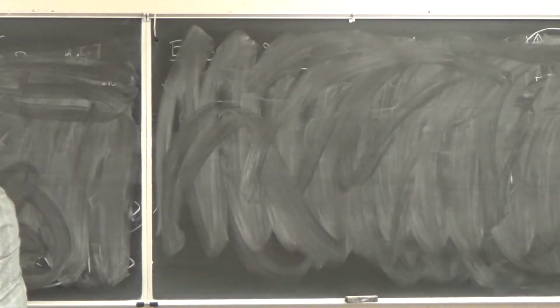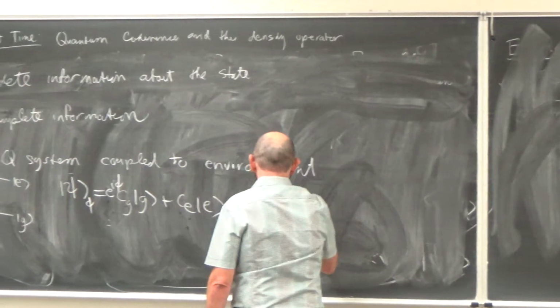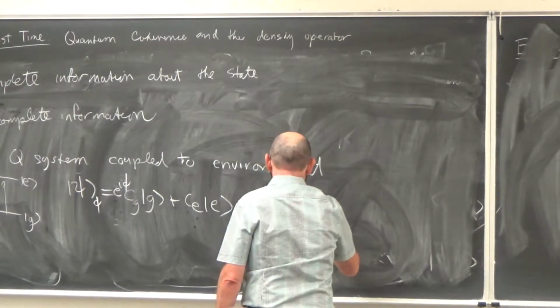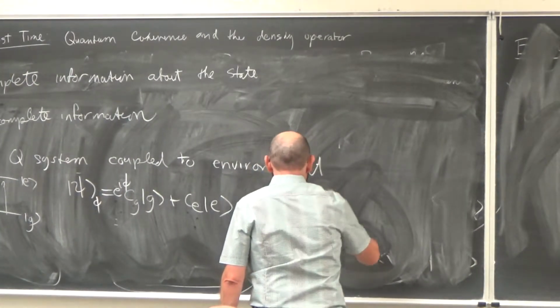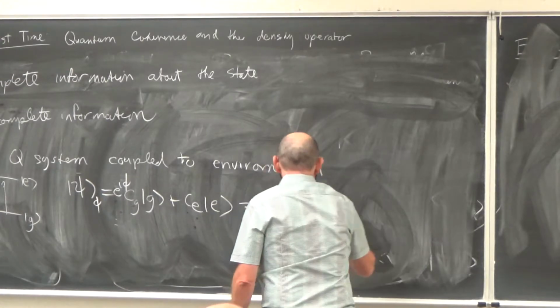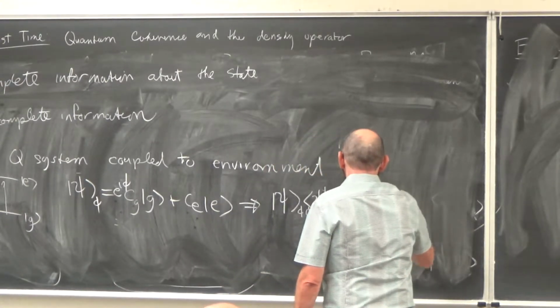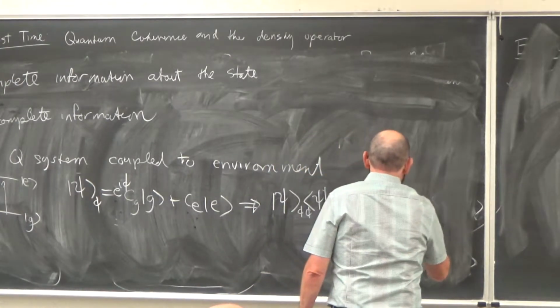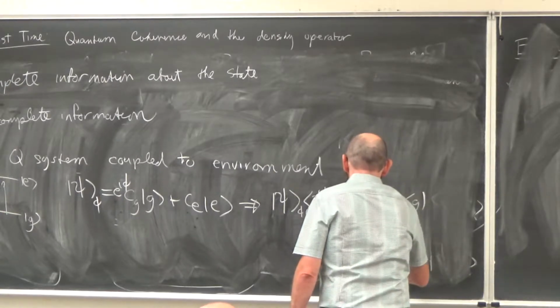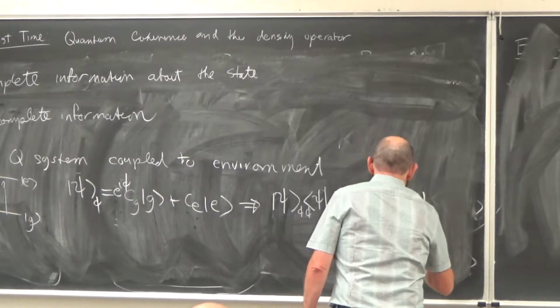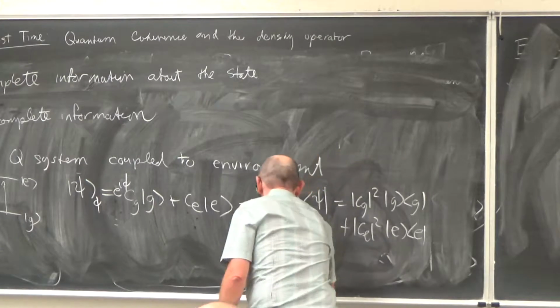So if there's a particular pure state, it would have some population in the ground state and some population in the excited state. And it would have off-diagonal elements.